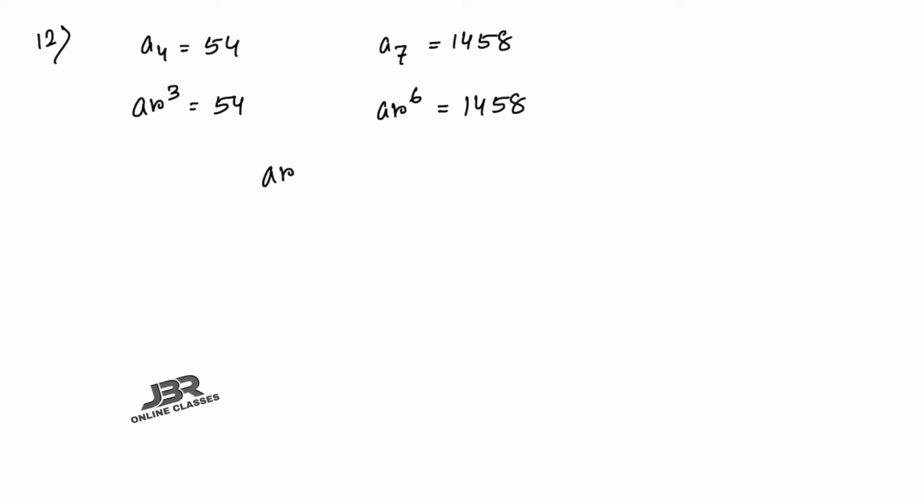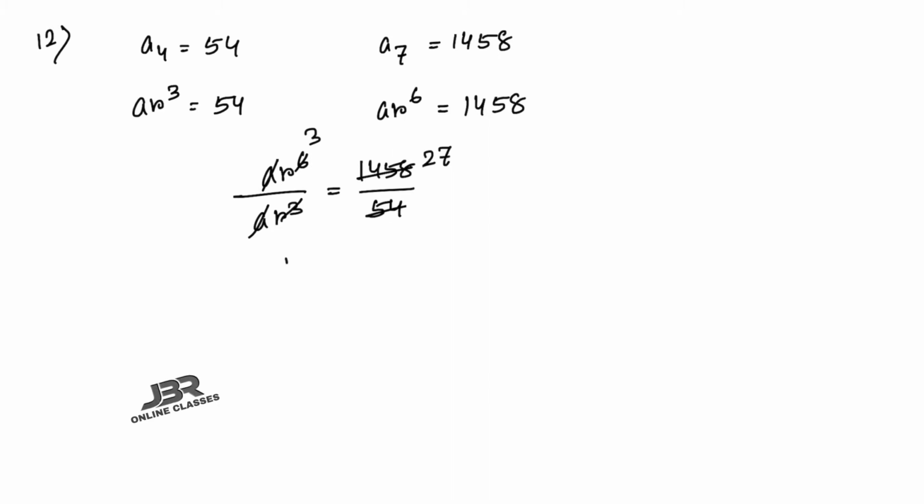So divide them. Here a cancels out, and 1458 divided by 54 becomes 27.